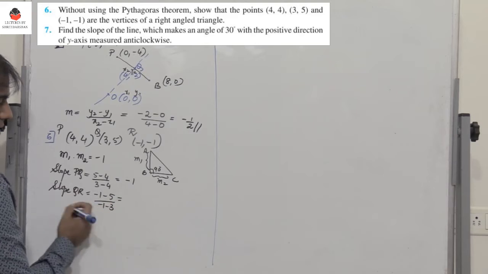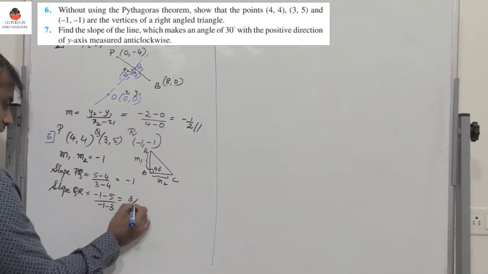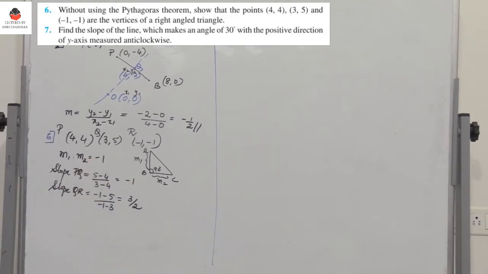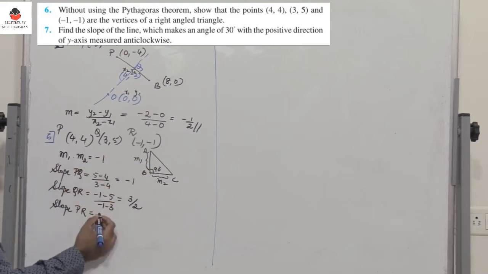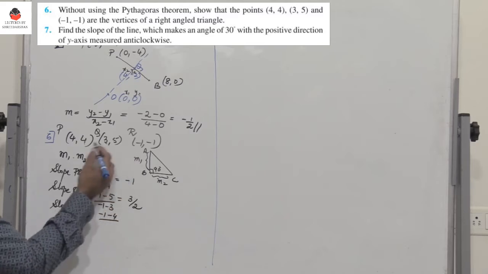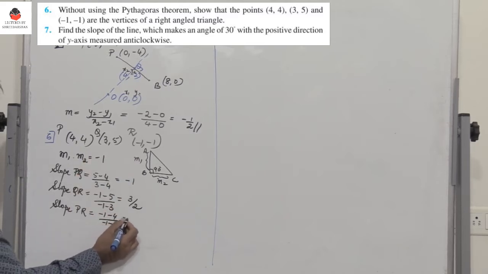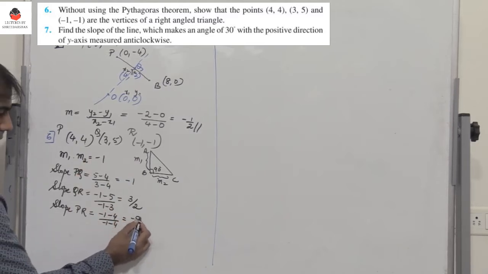So you get 6 by 4, which is 3 by 2. So you get the slope as 3 by 2. And then slope PR. So what is slope PR? So observe here, y2 minus y1, minus 1 minus 4 divided by x2 minus x1, minus 1 minus 4. So here you get minus 5 by minus 5.